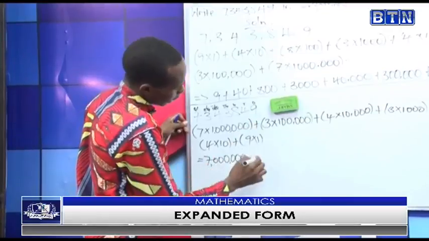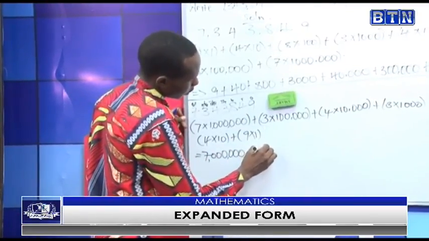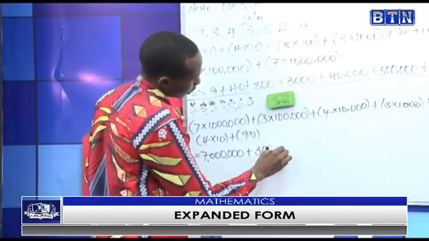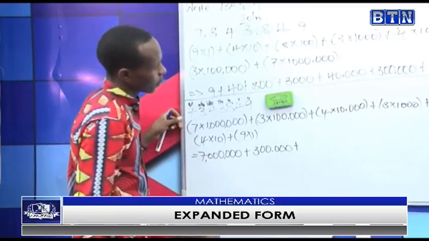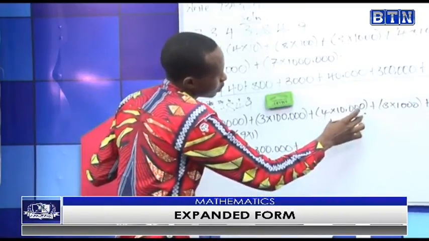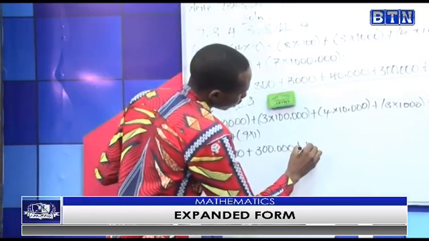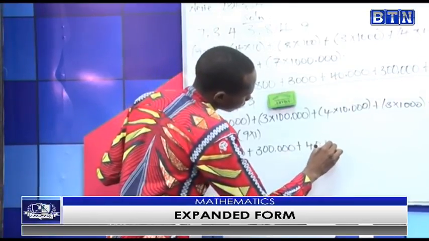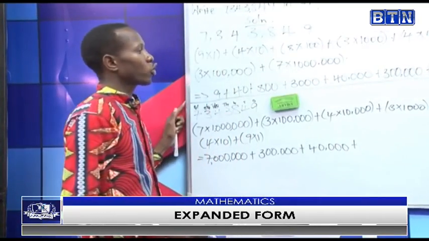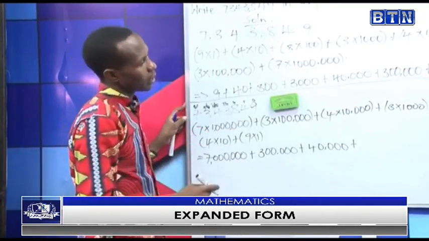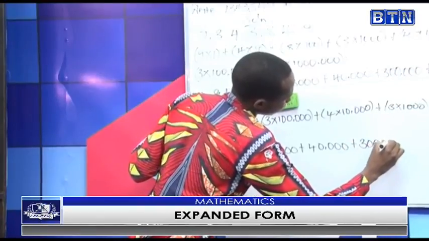Then what do we have here? Addition sign plus 3 times 100,000, plus 4 times 10,000, we shall come out with 40,000, plus we come now 3 times 1,000, it will give us 3,000.